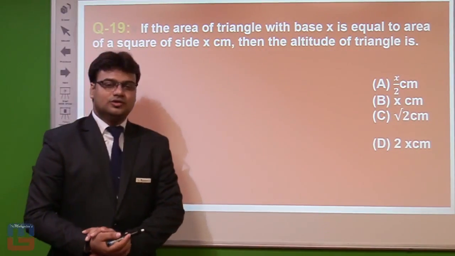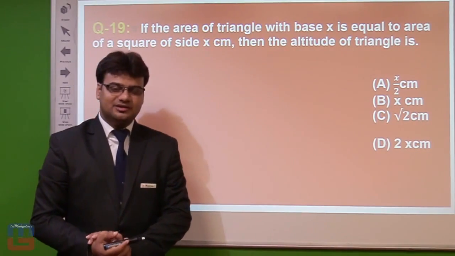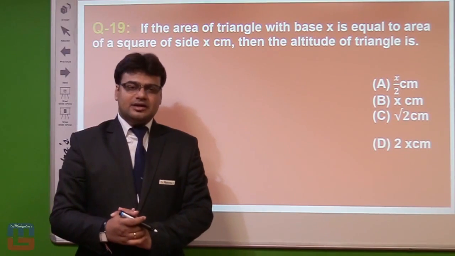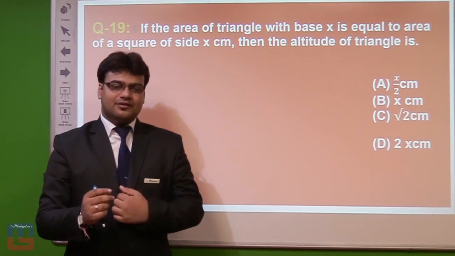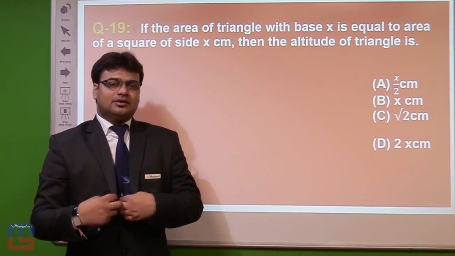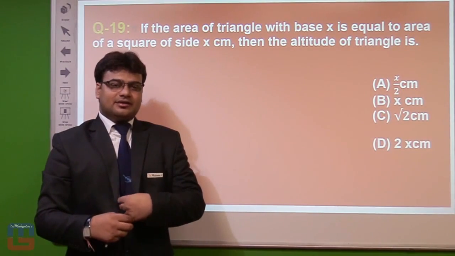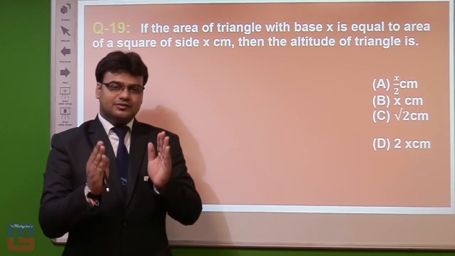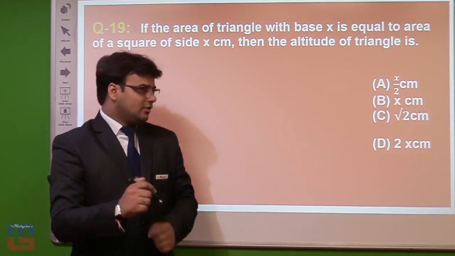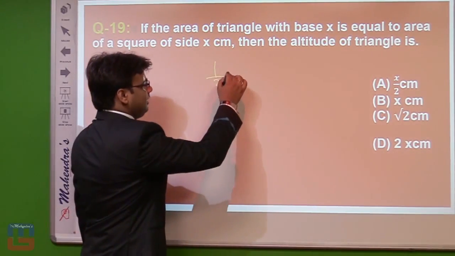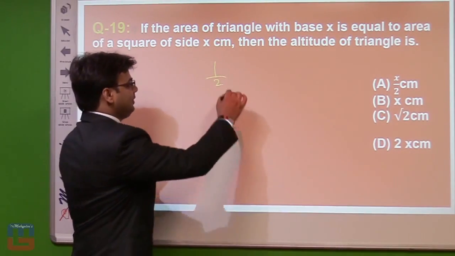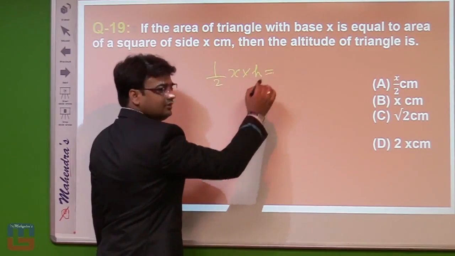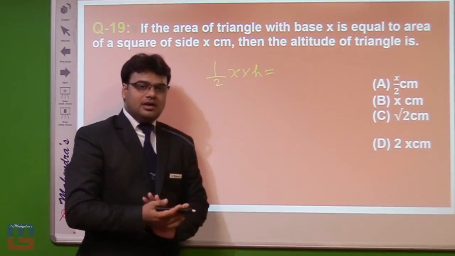We check the next question. This question is also based on mensuration and also uses geometry. The question is: if the area of a triangle with base x is equal to the area of a square of side x, that means the area of the triangle is equal to the area of the square.